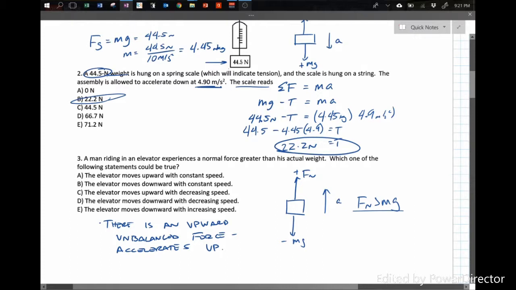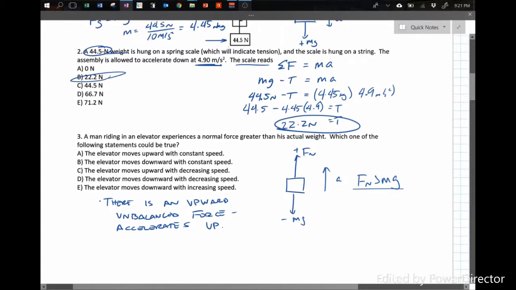So that's the first part of this. The second part is actually deciding what upward acceleration is. So right away we can say constant speed is not acceleration, because every time we see constant speed, alarm bells should go off in our heads saying that the acceleration is equal to 0 and the net force is equal to 0.